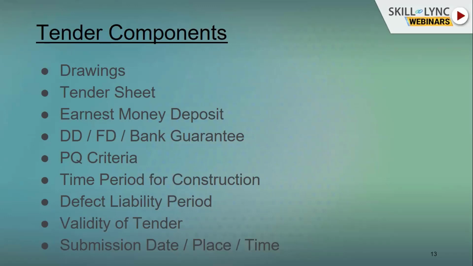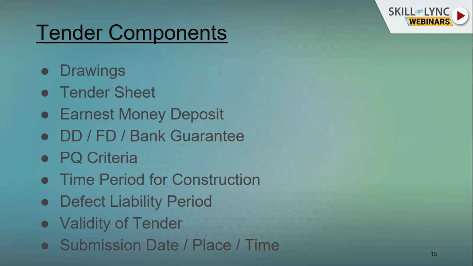For any interior contract, it is 12 to 18 months. It states that any defect observed in the work after completion up to that period, the contractor is bound to rectify it at his own cost, and the owner will not pay anything extra for that defect.